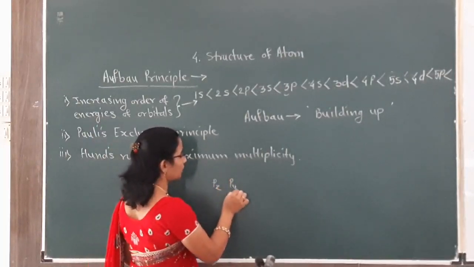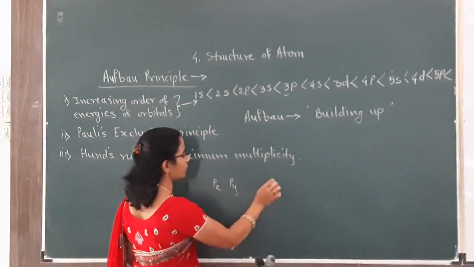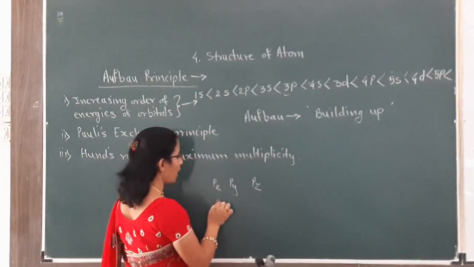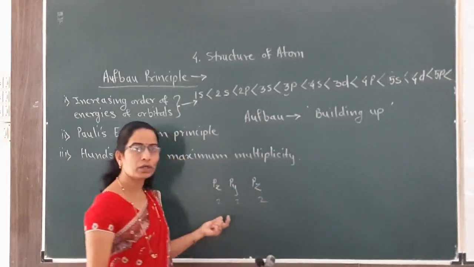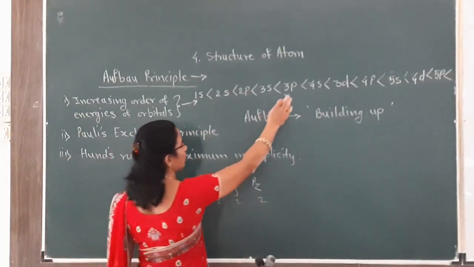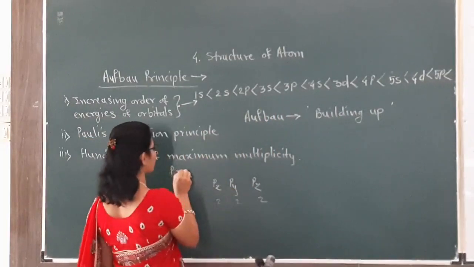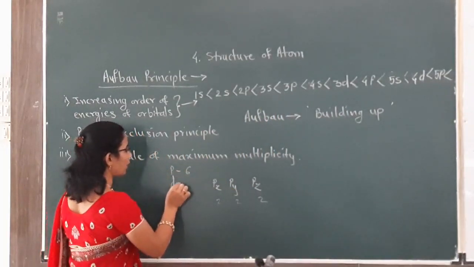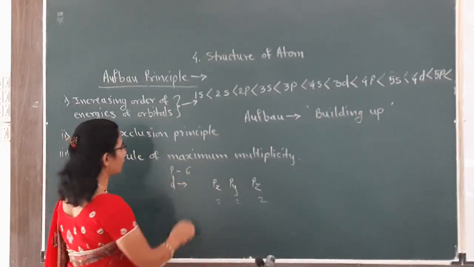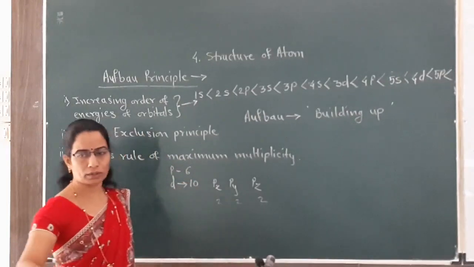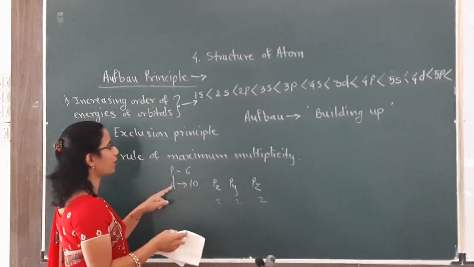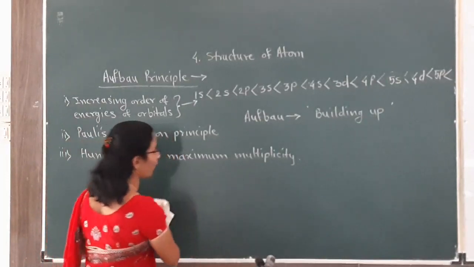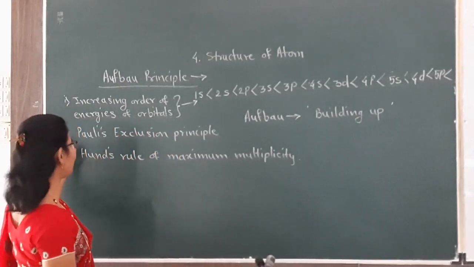We know that the p orbitals are of 3 kinds: px, py and pz, and every orbital possesses 2 electrons. So the maximum capacity of the p subshell is 6 electrons. Again, the capacity of the d subshell is 10 electrons. We have seen the capacity of each subshell in the previous lecture, so you have to remember that capacity also.